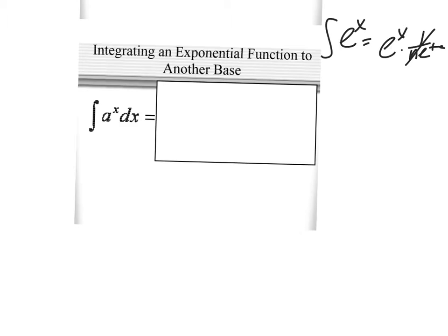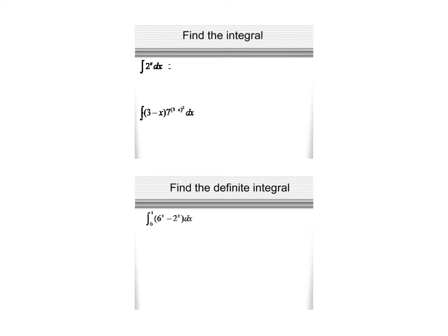So here we're going to do a to the x, but times 1 over the ln of whatever your base is, plus c. Again, you didn't have to worry about that with e to the x because 1 over ln of e is just 1. So this adds a slightly different layer, but hopefully you'll be okay with that.